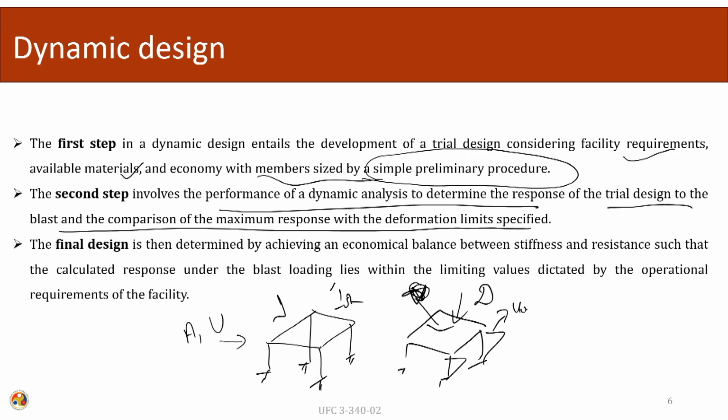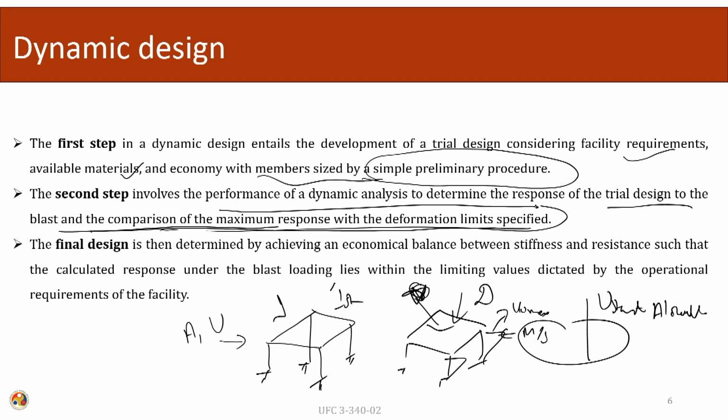U naught max, bending moment, shear force, and then they are compared with the U standard, the value of the allowable deflection, the value of the allowable stresses. So, these responses are compared with the deformation limits specified. The actual deformations are then compared with the limits specified.